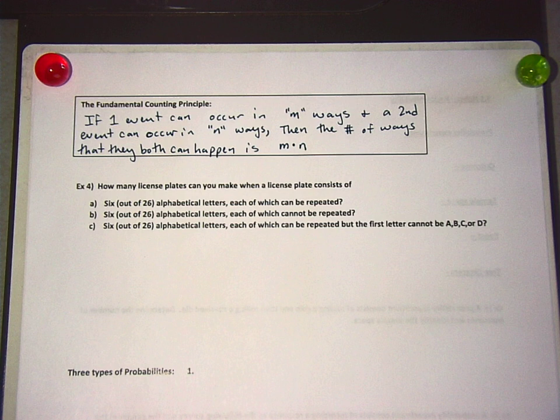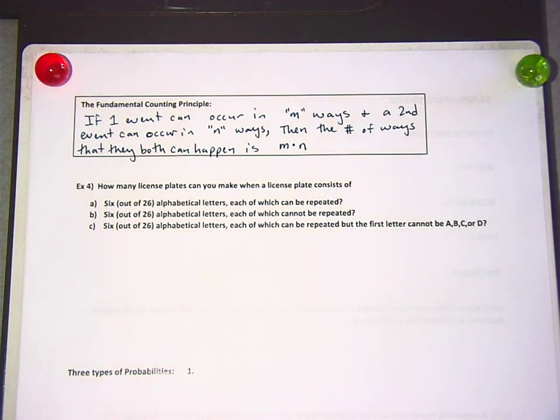If one event can occur in m ways and a second event can occur in n ways, then the number of ways that they both can happen is m times n. For example, do you remember this?